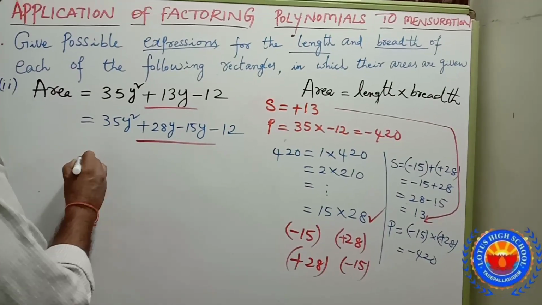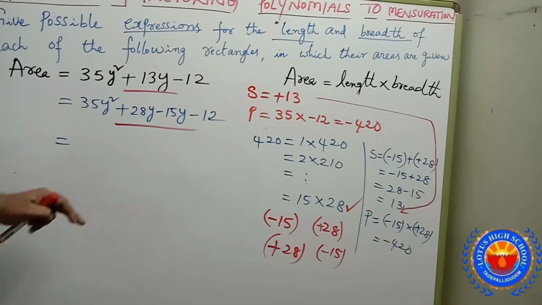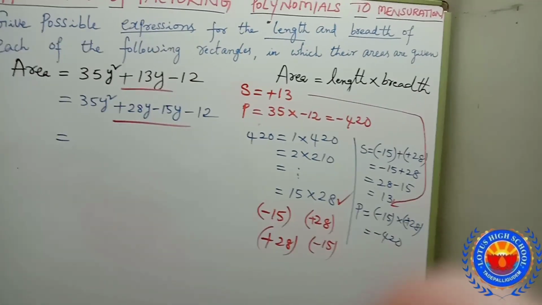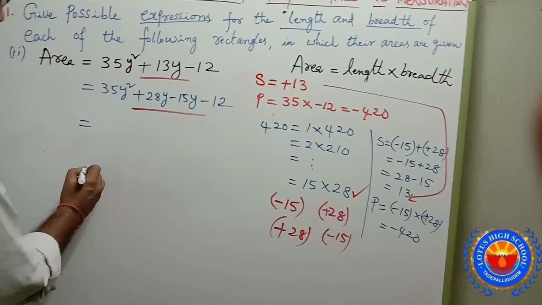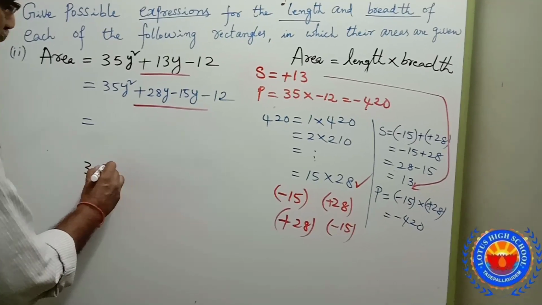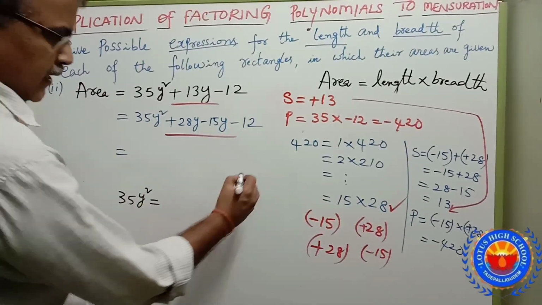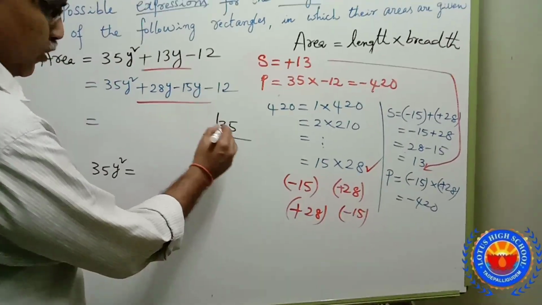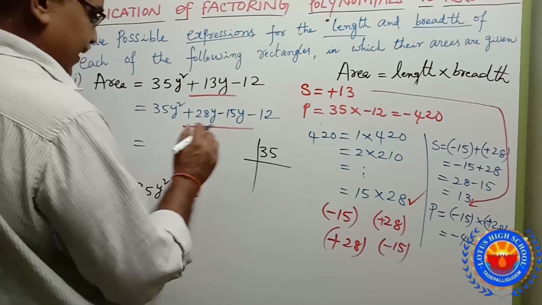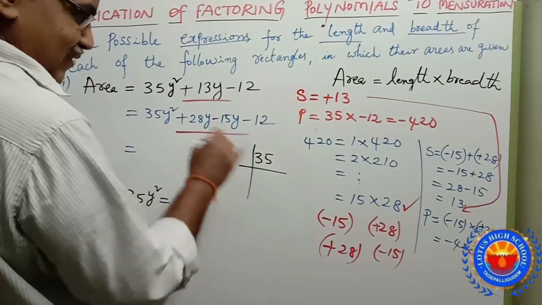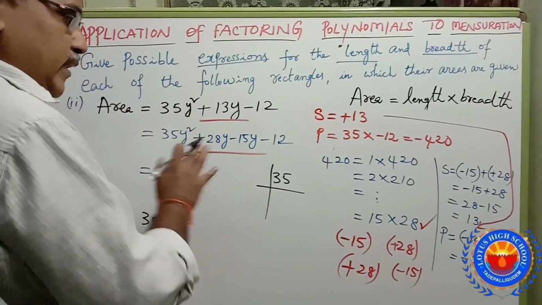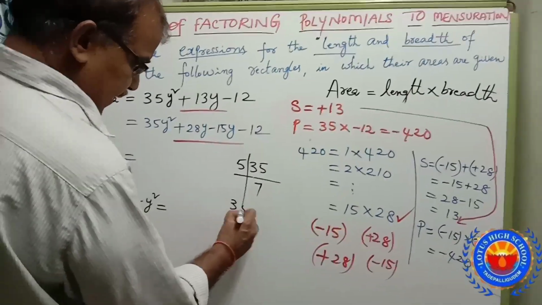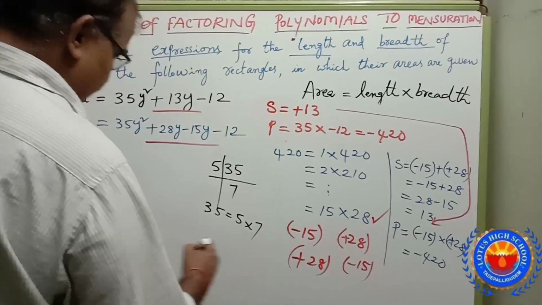Now, like the previous sum, factorization, how to do. 35y square is nothing but 35, prime factorization: 2 table will not be divisible, 3 will not be, 4 is not, 5 will be divisible. 5 7s are 35, 35 I can write 5 into 7.